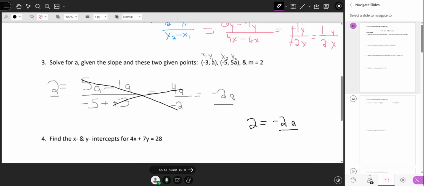Divide by, remember, we have to divide because these are multiplied. Divide by the thing that's in front of a. So our a is -1.